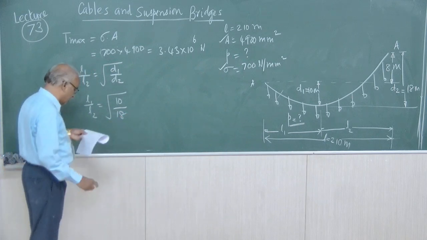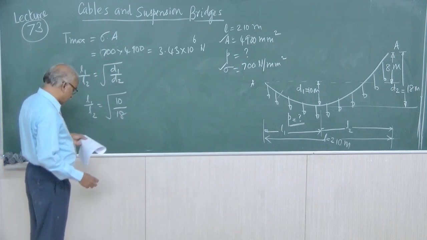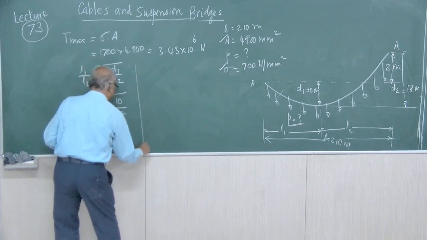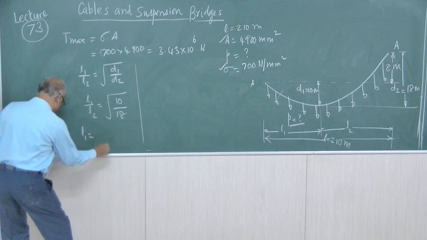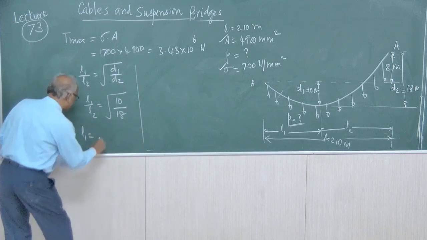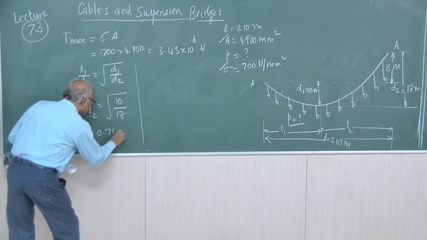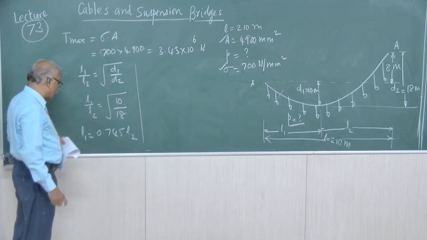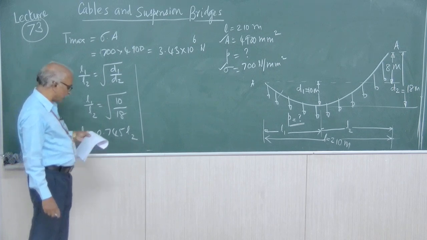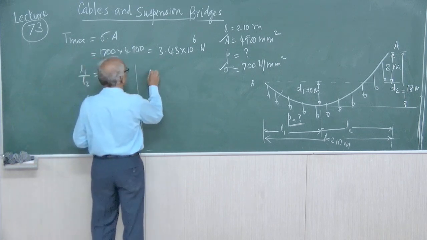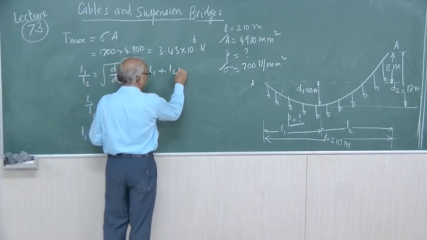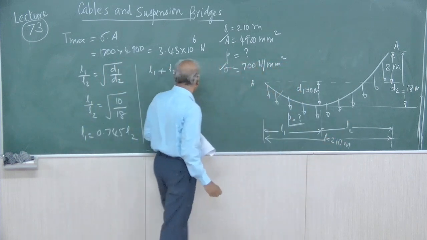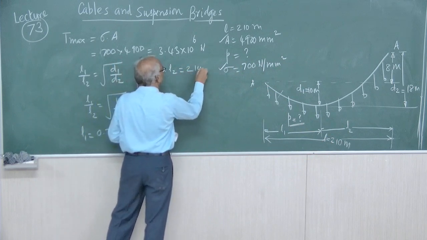Therefore, from this we find that L1 equals 0.745 L2. So there are two unknowns, and we have used only one equation. The other equation is L1 plus L2 equals 210 meters.